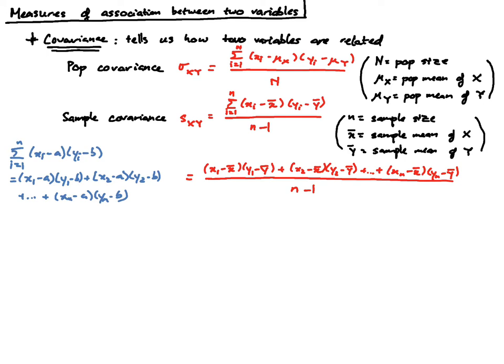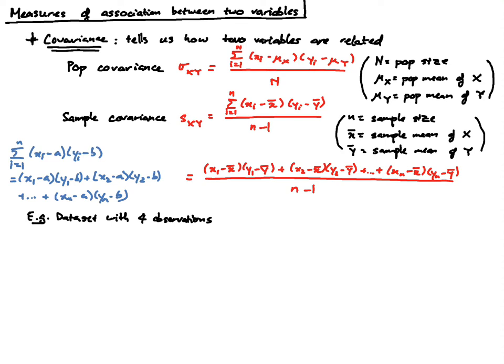So let's look at a quick example. Suppose we have a data set with 4 observations of x and y. Right, 4 observations.